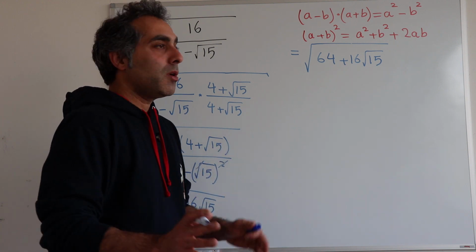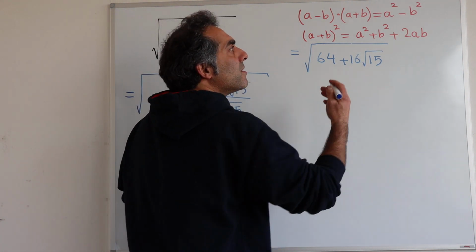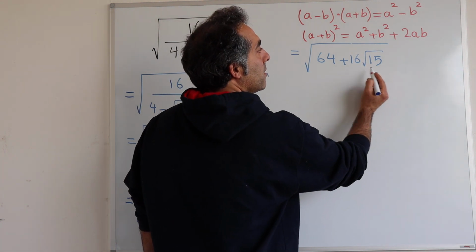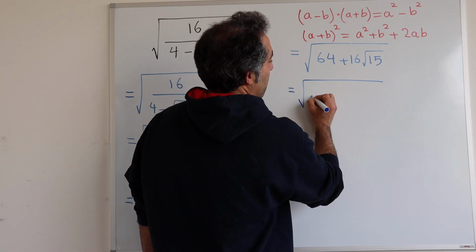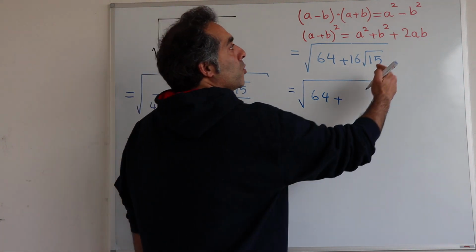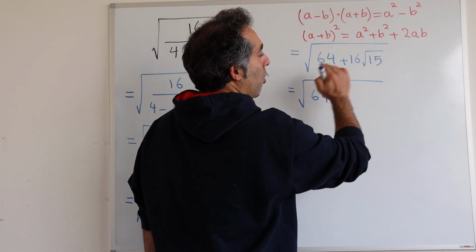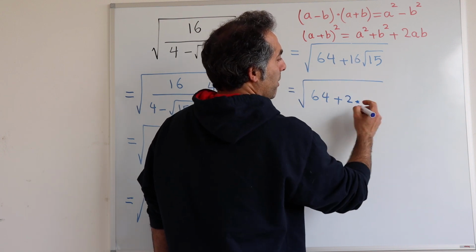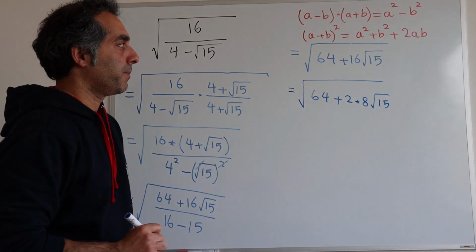But in my way, now I can try this identity here, to find out whether it's suitable or not. We can write this expression as 64 plus, because I want to try to make our expression the same as this identity, 2 times 16 is 2 times 8 times the square root of 15.